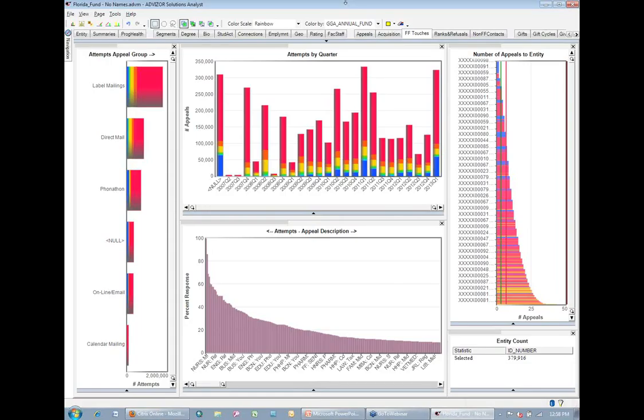And we ended up changing the user base. We only have 1 or 2 development officers who are using it, and those are the ones who think like this. They are able to do this, and it's fine. Most of our current users are in research, prospect management team, and Florida Fund.